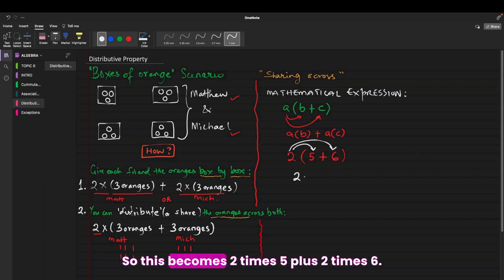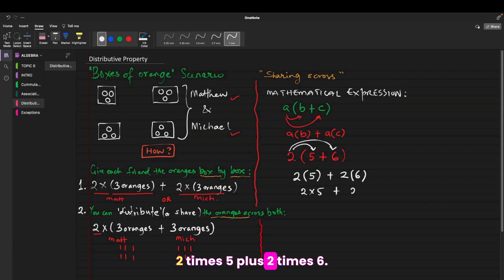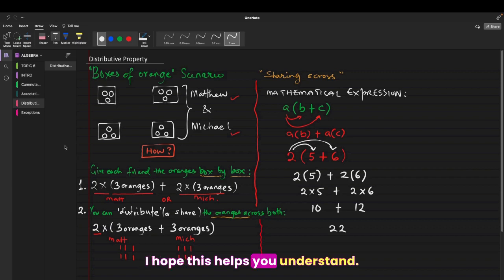So this becomes 2 times 5 plus 2 times 6. So to simplify this further, we should have 2 times 5 plus 2 times 6. So that will be 10 plus 12. And if you want to do this even further, that would be 22. I hope this helps you understand.